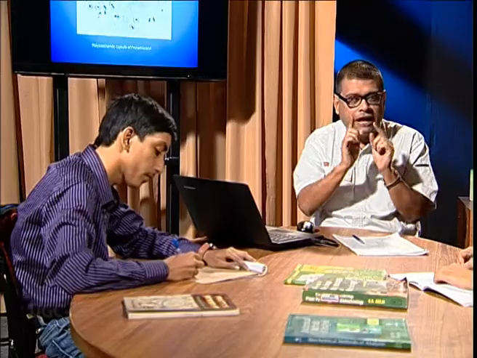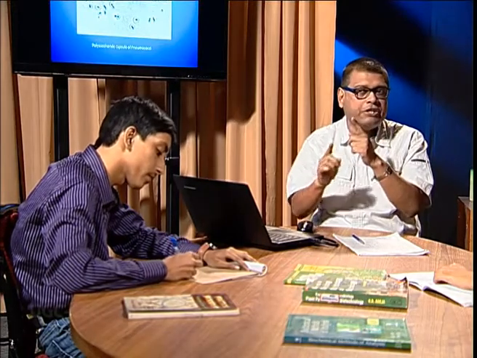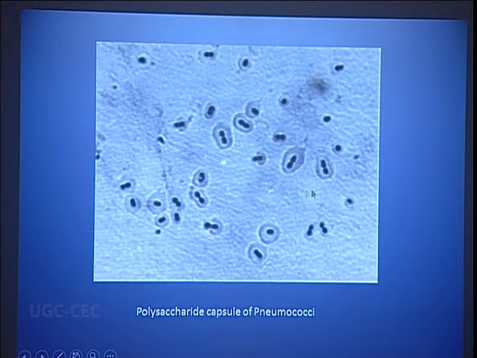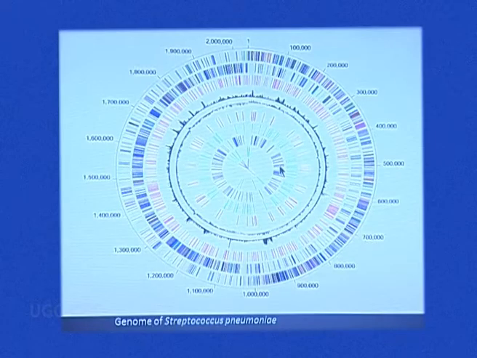Okay. Now coming to the next important aspect, which is the outer capsule. This is also a very important character with which we can identify the bacteria. The bacteria will have a definite polysaccharide capsule. You can see here, this thick capsule will protect it during unfavorable conditions or even sometimes against the enzymes of the host. This is the genome of this particular Streptococcus pneumoniae.